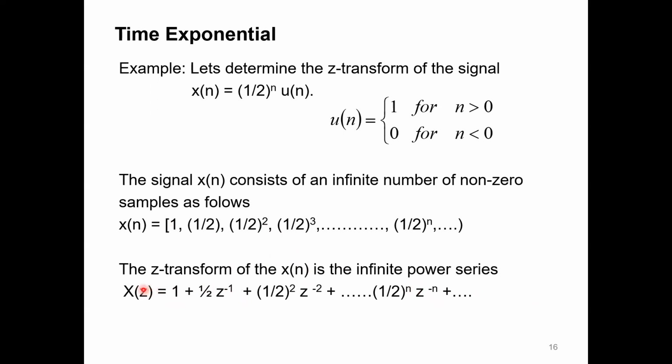Now you want to find out the summation of this one. How to do that? How to get the summation? You can see half z to the minus 1 is the ratio. This is the ratio. Every step, when you advance, you multiply the term with half z to the minus 1. That's how you get the third term from the second term, and so on.